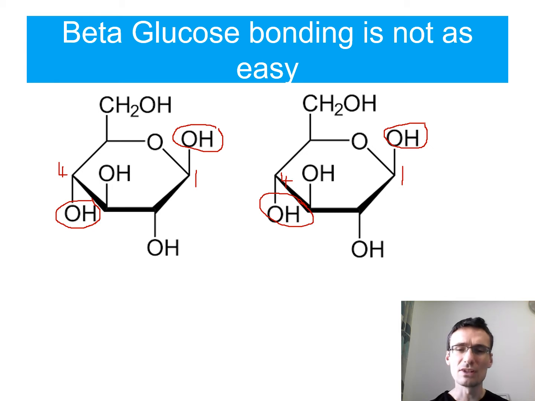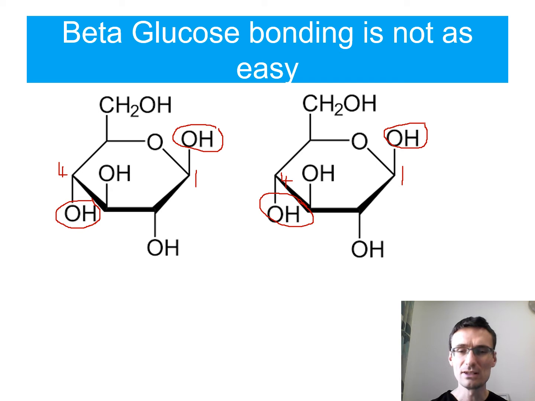So what that does is it gives us a bit of a problem, because no longer do we have an OH group here, because if we had OH here, we'd be able to join an OH group and an OH group together to form the 1,4 glycosidic bond again. But unfortunately, we don't have that. So there is no bond that can form between that hydrogen and that hydroxyl group and that one.